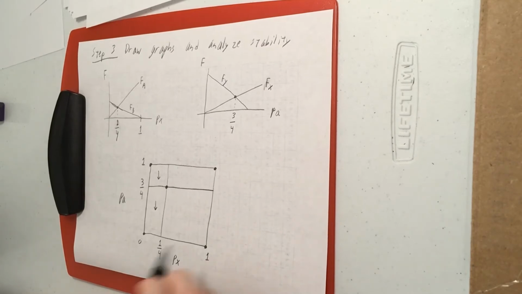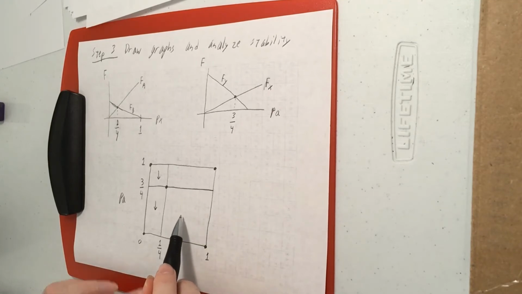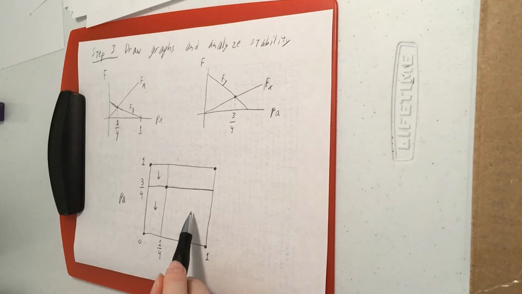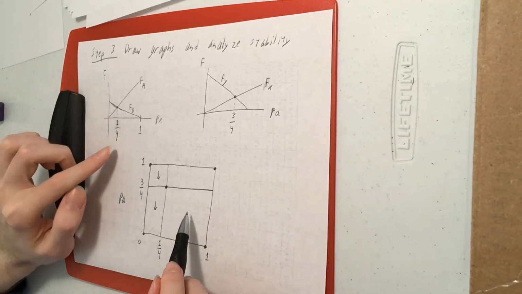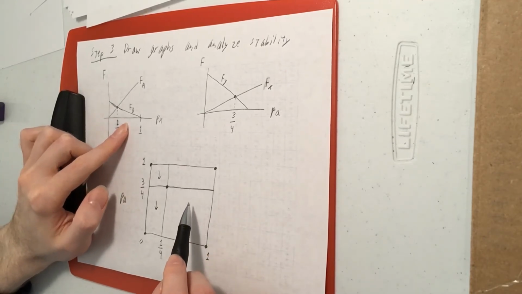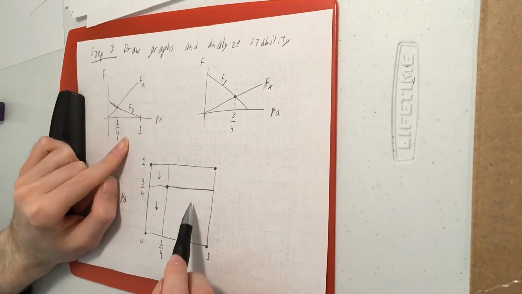Let's look at the other side, these two. So here, px is greater than 1/4, but it's less than 1. That corresponds to this region on our first graph. So when px is high, what's going on?